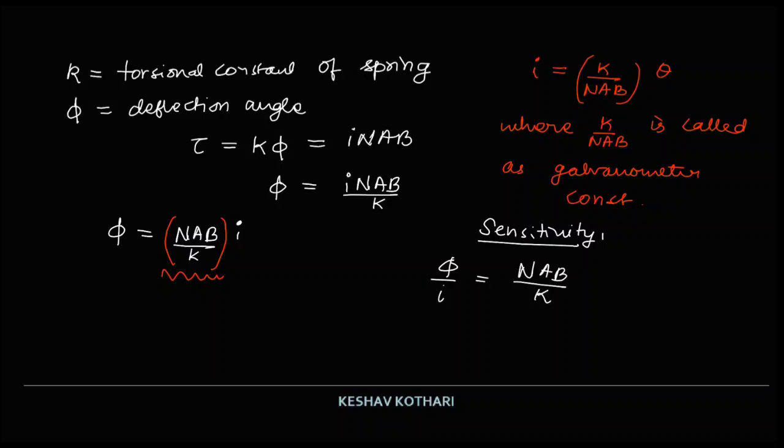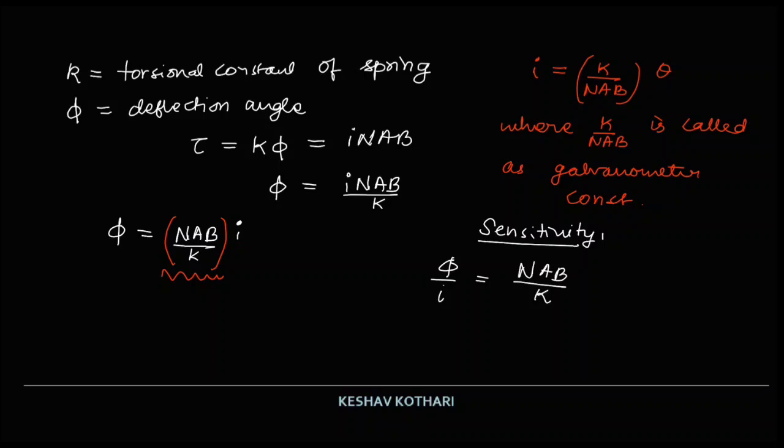For a large sensitivity, the magnetic field B must be large. There must be a soft iron core, which will increase the magnetic field. The number of turns must be large and the value of the torsional constant must be small.